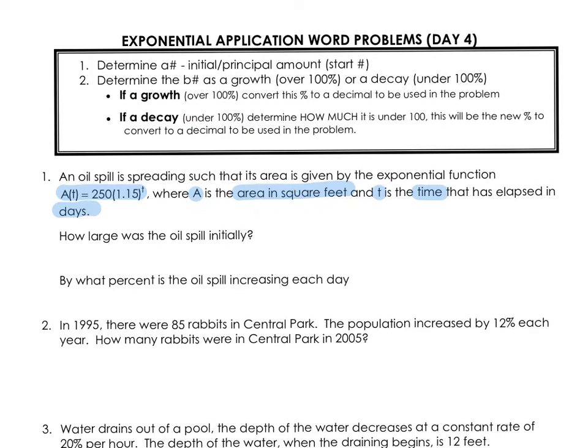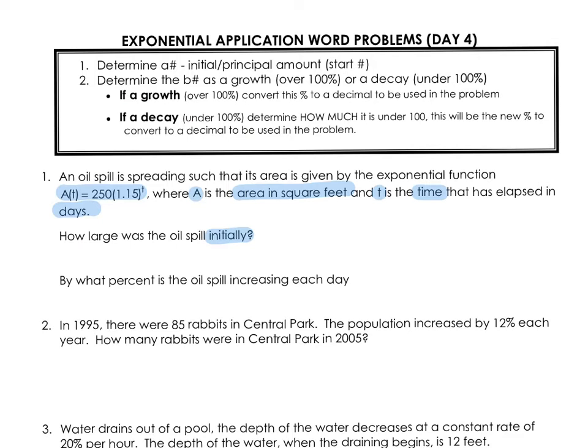That's my output, and then t, the input, is the time in days. In this first question, it's asking how large was the oil spill initially? That's the key word here. Initially means starting off. So at the beginning, before any time has passed, what is the size of the oil spill?